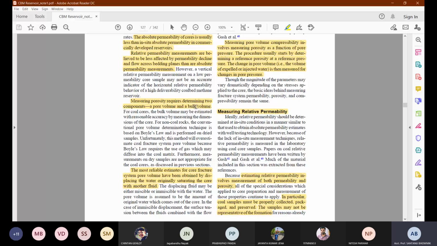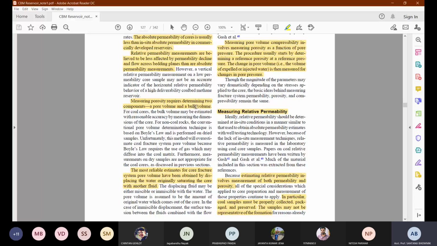So whatever volume is accessible for helium, that much pore volume will not be accessible for either methane or carbon dioxide. Why? Because their kinetic diameter is much higher than helium.